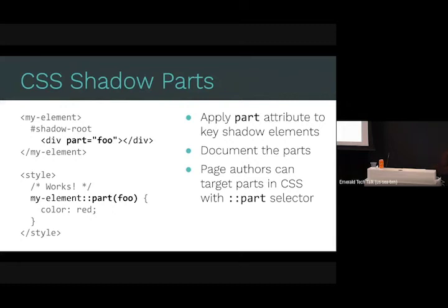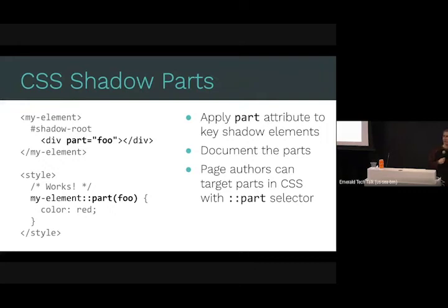This is a part that I think someone's going to style, and they give it a name, and they put it in this part attribute. From the outside, then, the page author can target that with a new CSS selector called ::part. If you've ever styled a scroll bar, there are these pseudo elements like the scroll bar thumb. So this is like custom pseudo elements for your components.